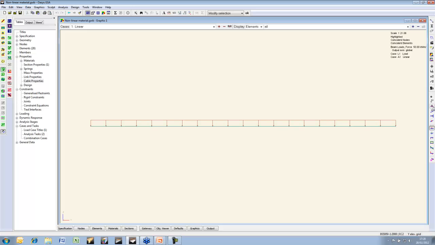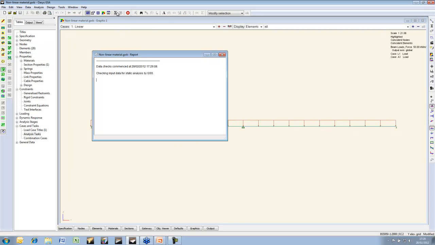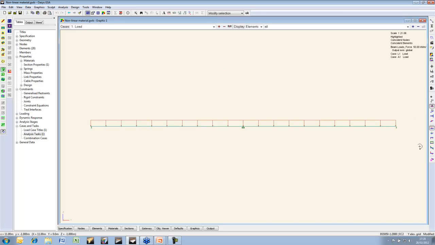This is a two-span beam with a UDL load on it, and if I run a linear analysis, you'll see we get bending moments that are higher in hogging and not so high in the spans.